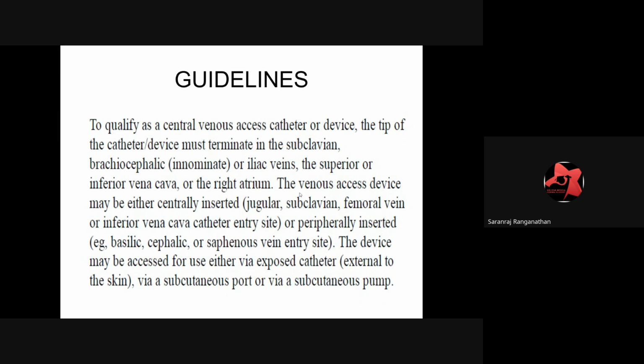The venous access device may be either centrally inserted, meaning the jugular vein, subclavian vein, femoral vein, or inferior vena cava, or peripherally inserted, meaning the basilic vein, cephalic vein, or saphenous vein entry site.